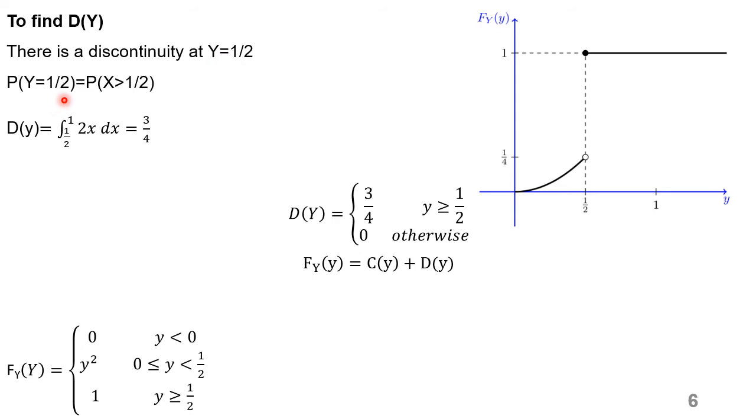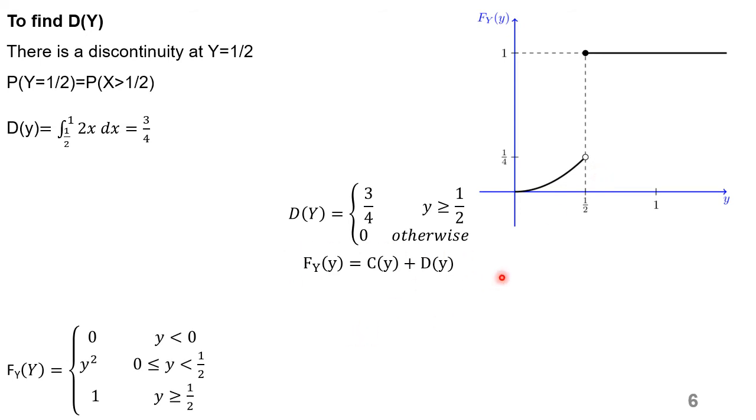At y equal to half, probability of x greater than half, d of y is the integral of 2x dx between half to 1. When we simplify this, we get 3 by 4. So d of y is 3 by 4 for y greater than or equal to half and 0 otherwise. So there is going to be a big jump here. That value is equal to 3 by 4.